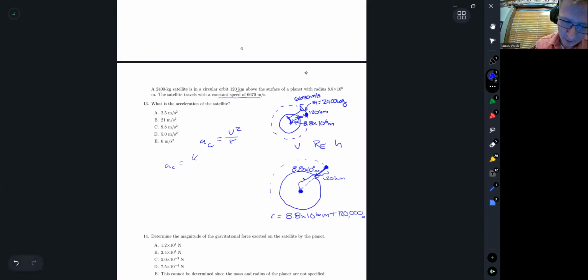But now we have everything we need to solve this. It's 6,670 meters per second squared over this number, so 8.8 times 10 to the 6th meters plus 120,000 meters. And that should be, does anyone have that number?